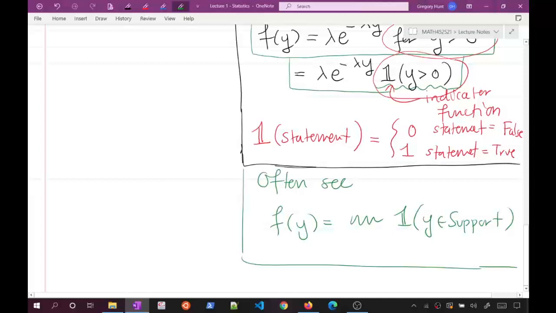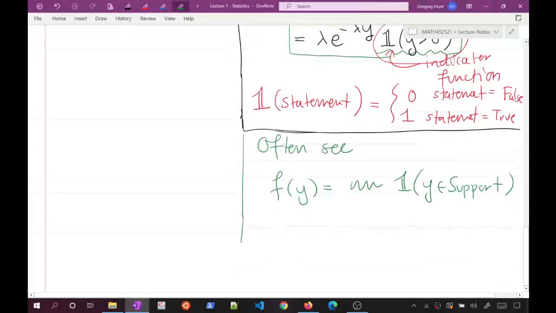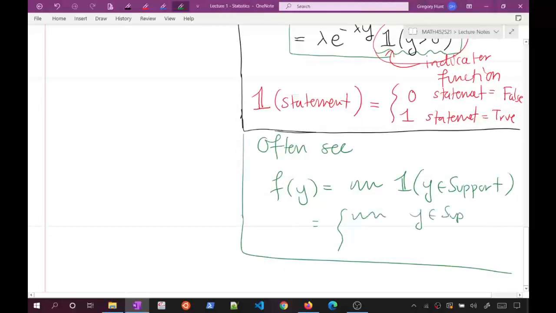And that's always a valid way of writing it because that's kind of definitionally how the support is defined. And that will give us basically the case where our PDF is whatever if y is in the support and 0 if y is not in the support, everywhere else.